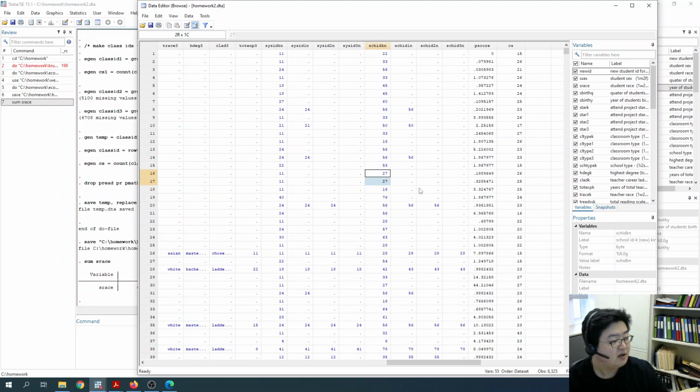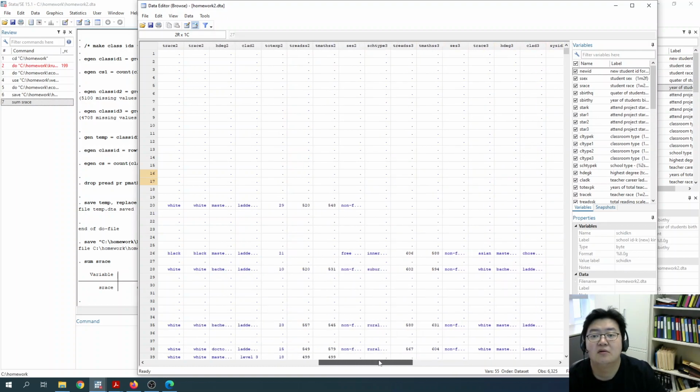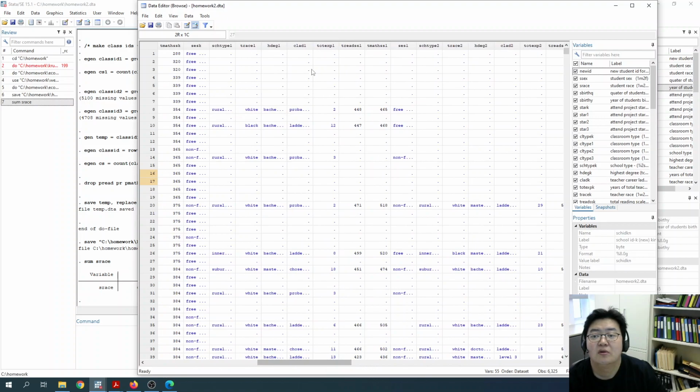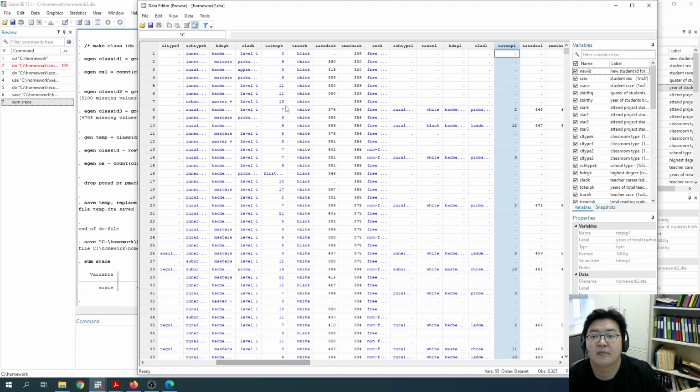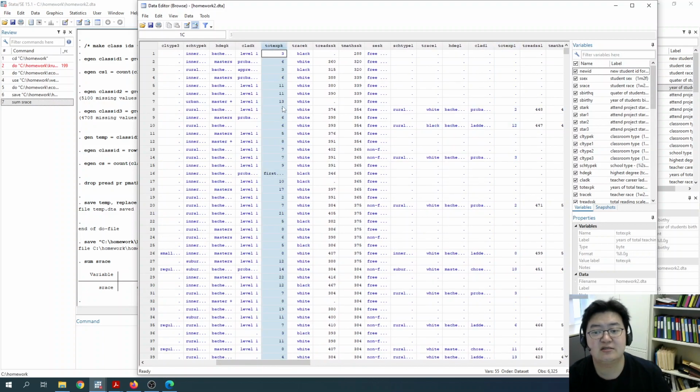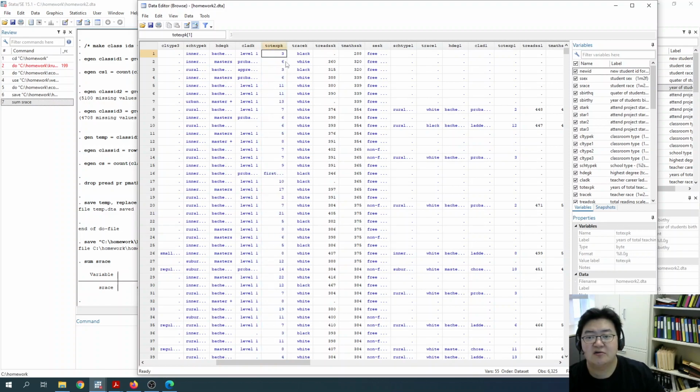Did I miss something? Oh yeah, earlier. Here, this is the teacher's experience. The variable that starts with T is a teacher variable. Teacher's experience is 3 years, 6 years, 11 years, 13 years, like that. The last letter in the variable name is the grade of the student.